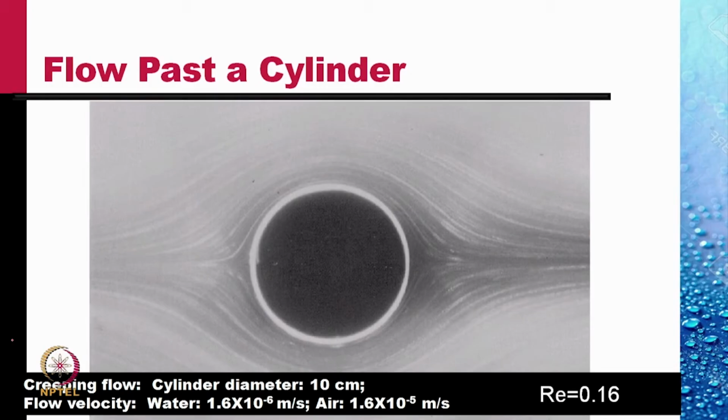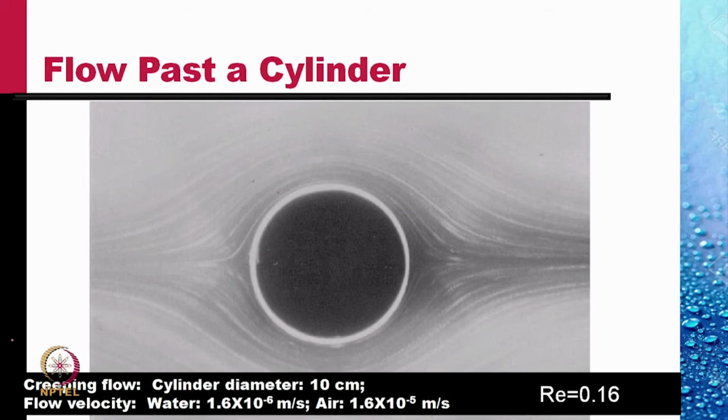At a very low speed of fluid, for water, a speed as low as 1.6 times 10 to the minus 6 meters per second, that is 1.6 micrometers per second, when the cylinder diameter is 10 centimeters, the flow is symmetrical. You would notice there is very little asymmetry in the flow, left, forward and backward.